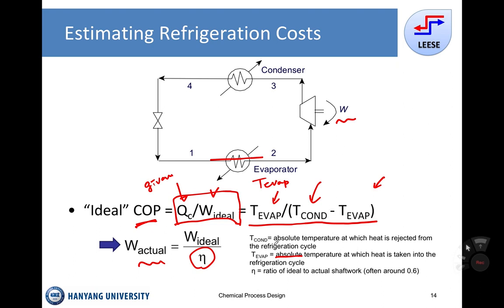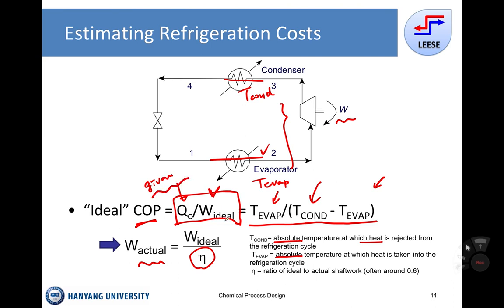In absolute terms, it is the temperature where heat is rejected from the refrigeration cycle. So heat is rejected from condition 3 to condition 4, and this temperature is T condensation. So in a refrigeration cycle, there are two major thermodynamic temperatures: one is the condensation temperature, one is the evaporation temperature. Based on these temperatures, we can estimate the power requirement, and the cooling duty is typically given.